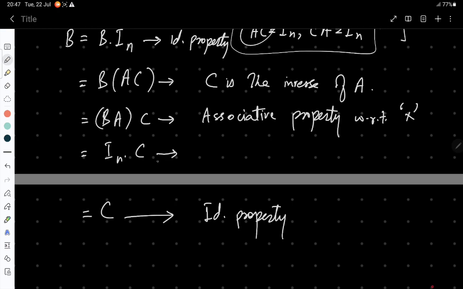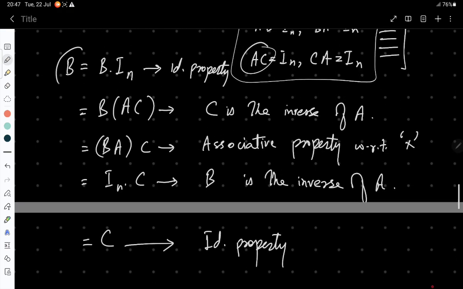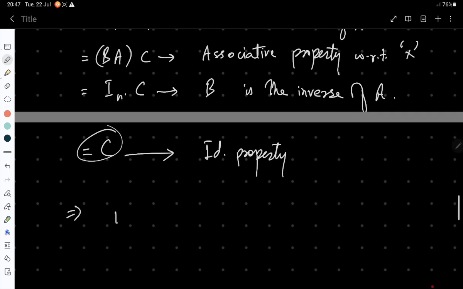And what property is used here? Because B is the inverse of A, therefore B times A is identity. So the left hand side is B, the right hand side is C. This means B is equal to C, which is a contradiction.